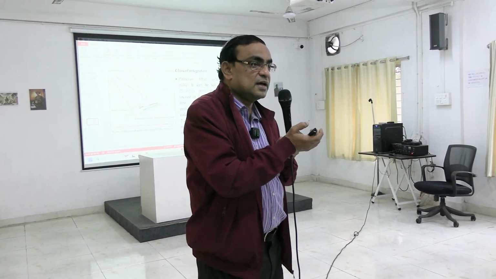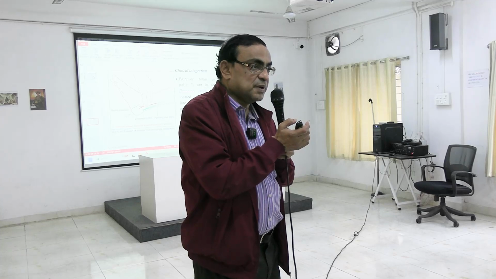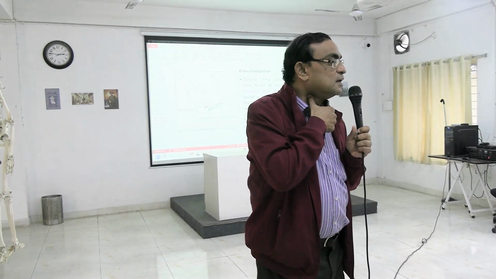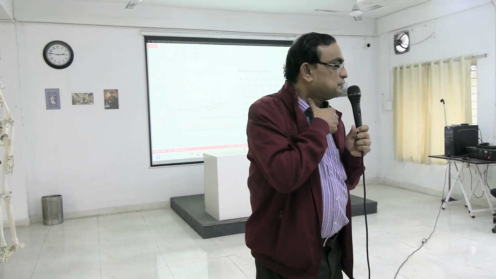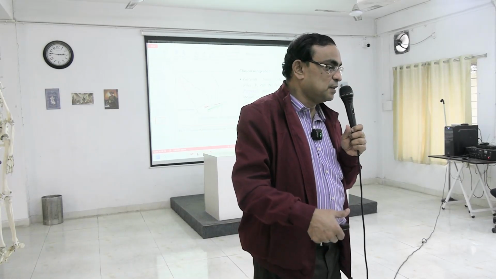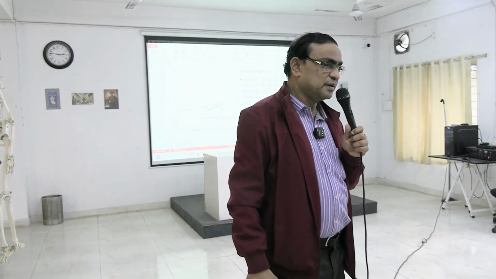There are several arterial pulsations: you can see pulsation in the radial artery, in the carotid artery in the neck, and the femoral artery in the groin.